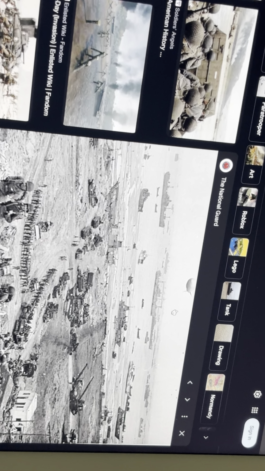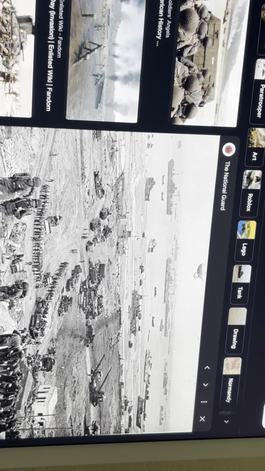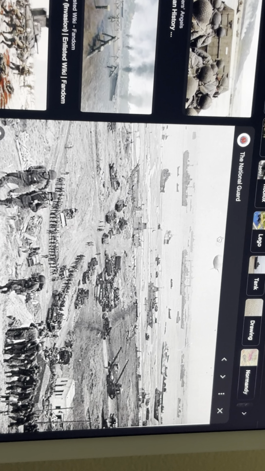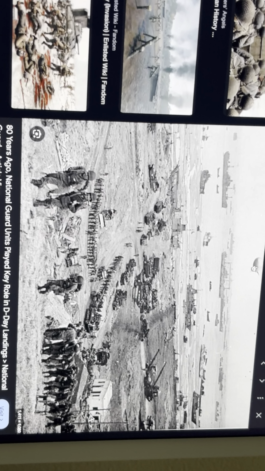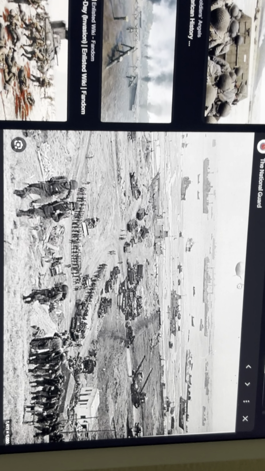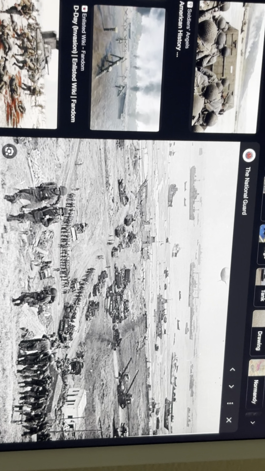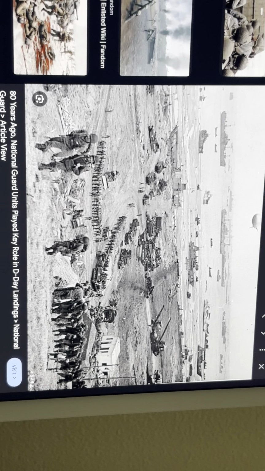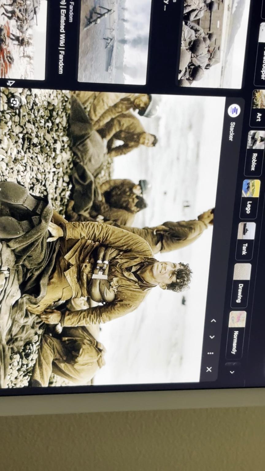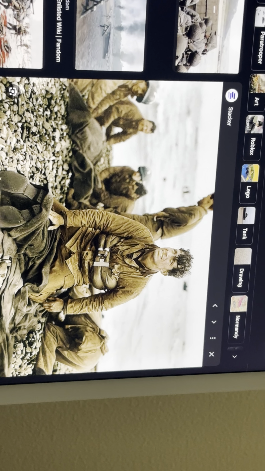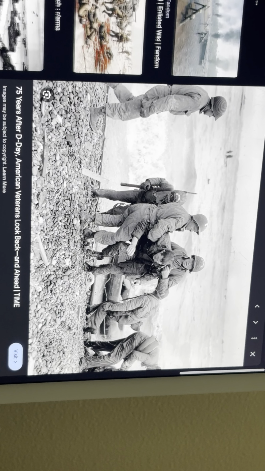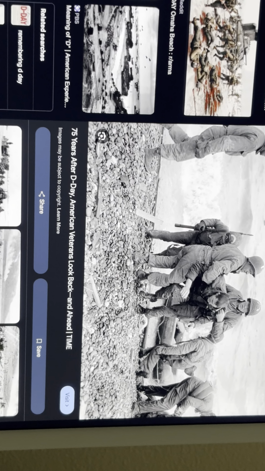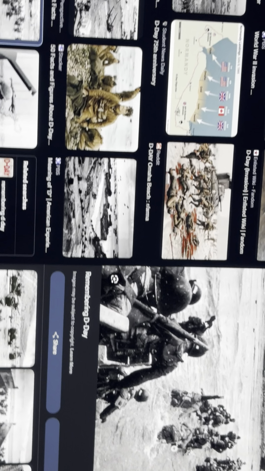As you can see, more ships, more, I don't know exactly what these are called, but these are like planes, or however you would like to call them, or more like deaths and all of that. And that is basically D-Day.